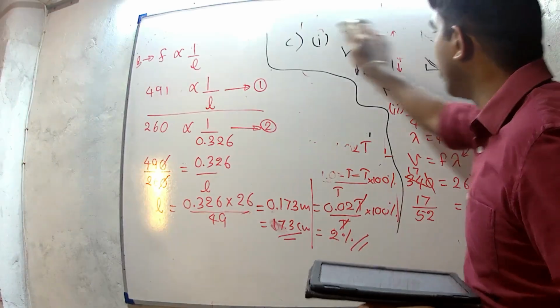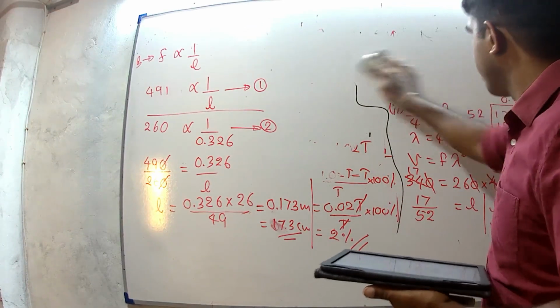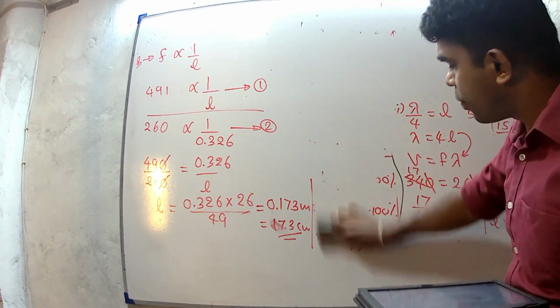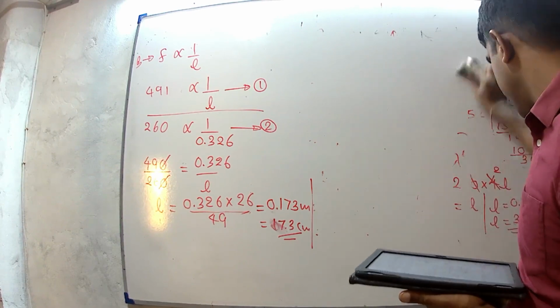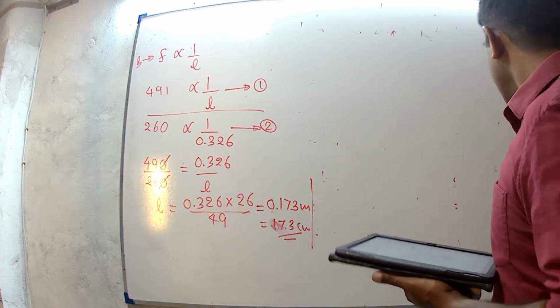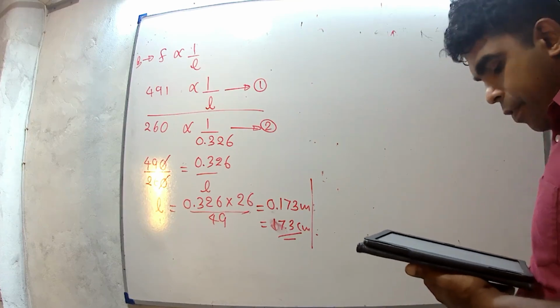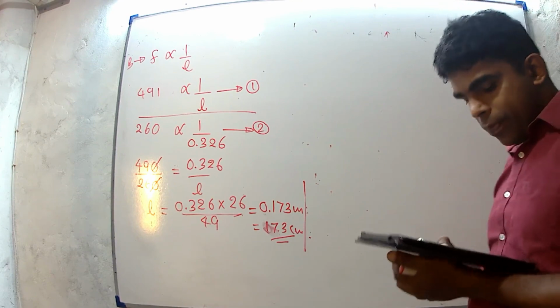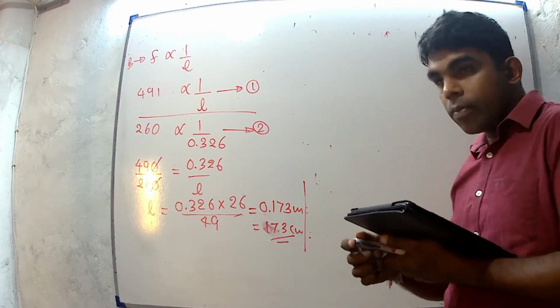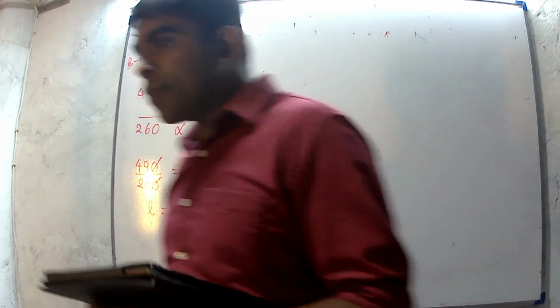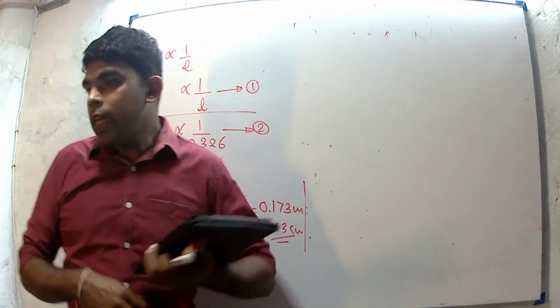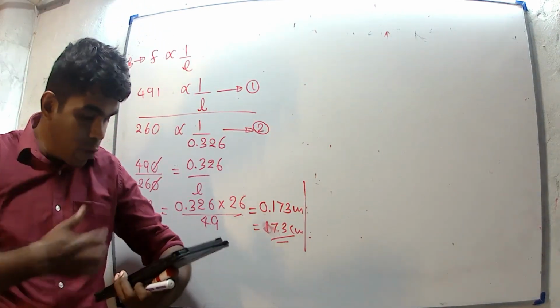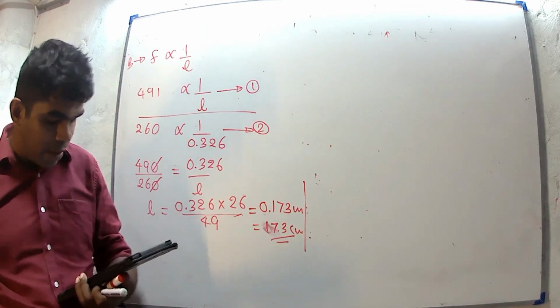Now we have to calculate the change of length. They have given that when producing 255 Hz frequency, the length is the value obtained in part 1.